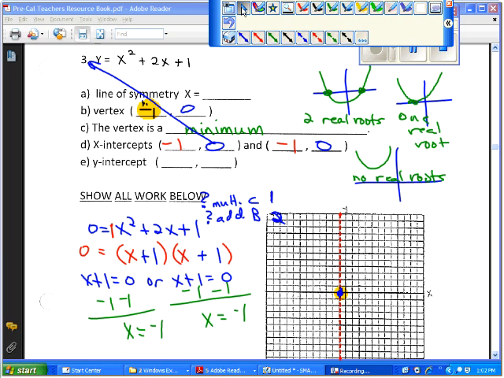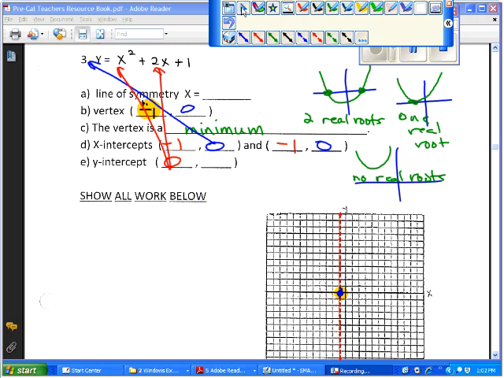We found the roots or the zeros. And then the y-intercept. The y-intercept is y when x is 0. So here we would let x be 0 both places. And if we did, we would have y equal x, which is 0 squared, plus 2 times x, which is 0, plus 1.